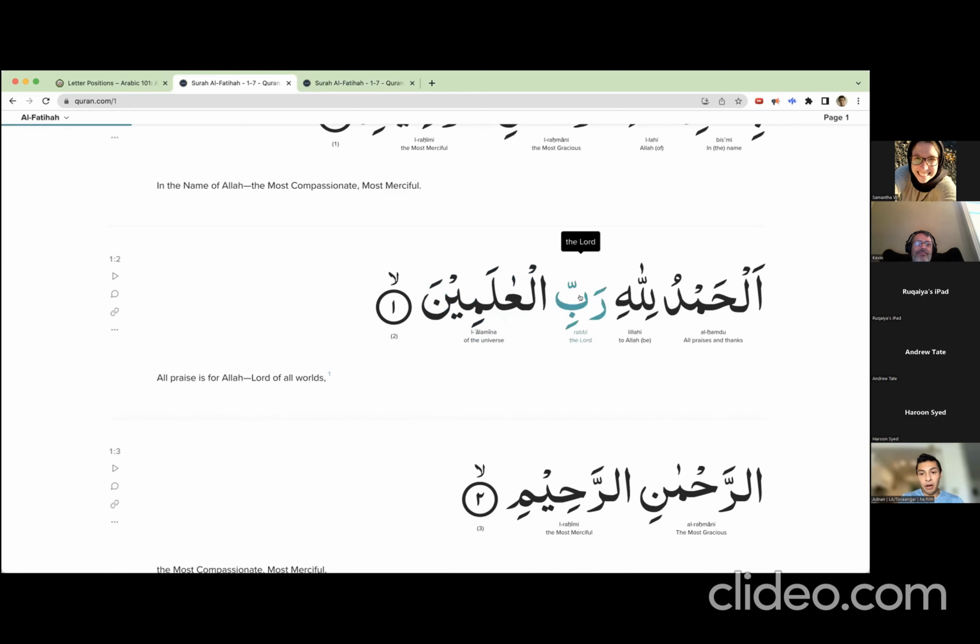And why does the Rab not have any al? You say it's the Lord, the sustainer of the worlds, because it's the possessed thing. The al only comes in the last word of a construct. So Lord of the worlds, that last word has the al, or the definite article, or the indefinite marker, which we touched upon before.